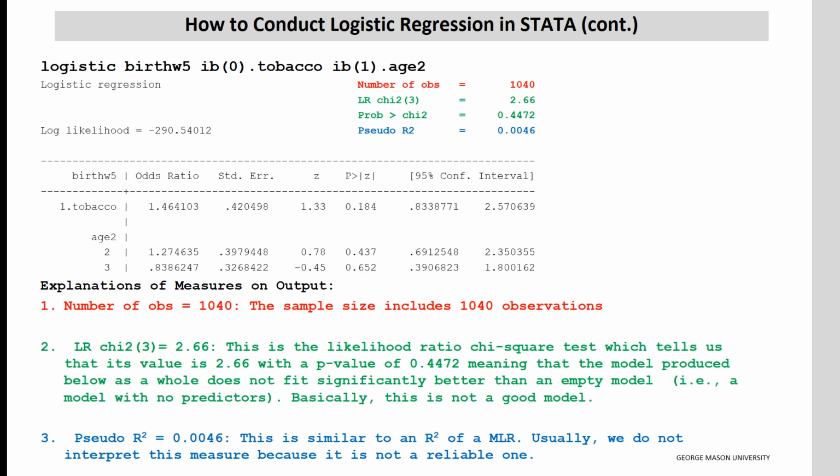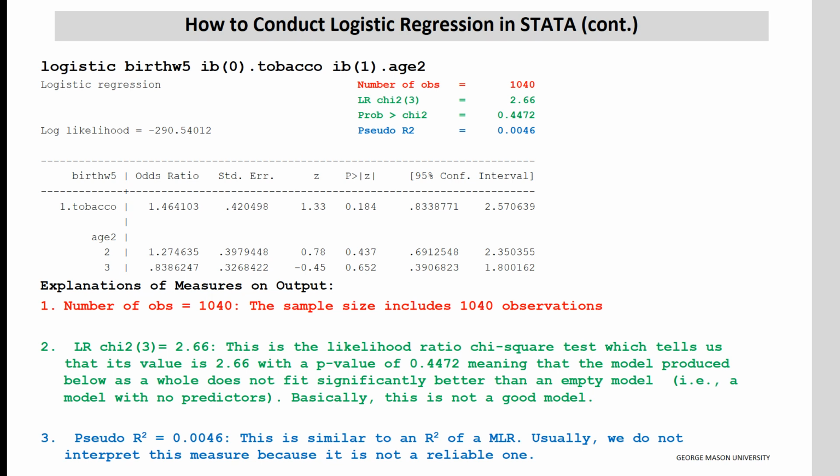Then below we have two lines highlighted in green. The second line highlighted in green shows the chi-square test, which is 2.66.